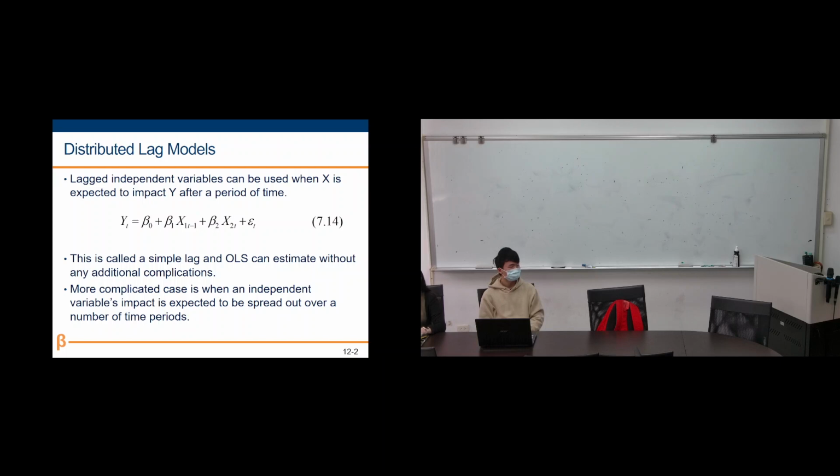If I have both i and t, I officially say this is not just time series data, but also cross-sectional data. In other words, it's the combination of time series data and cross-sectional data. So in that case, we will call that panel data.